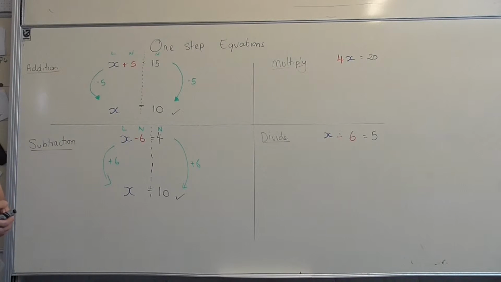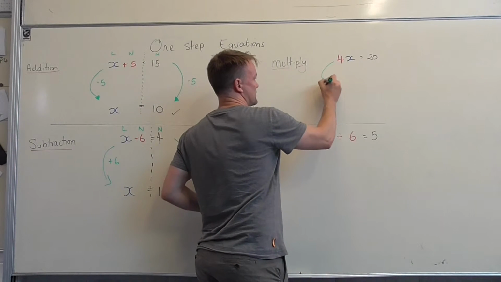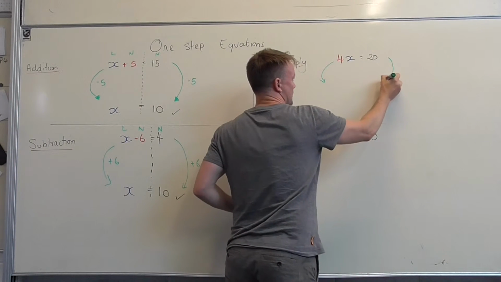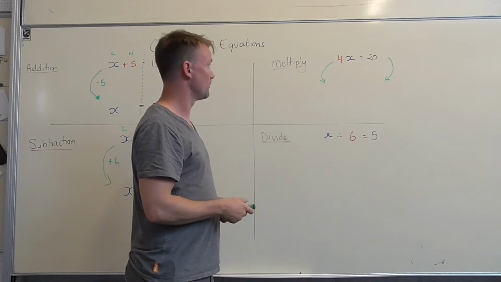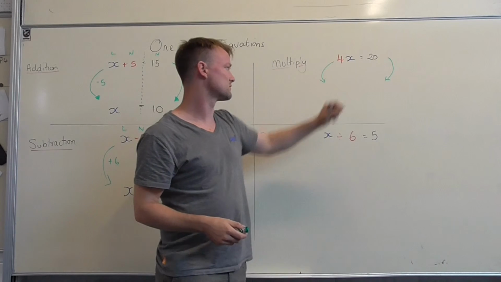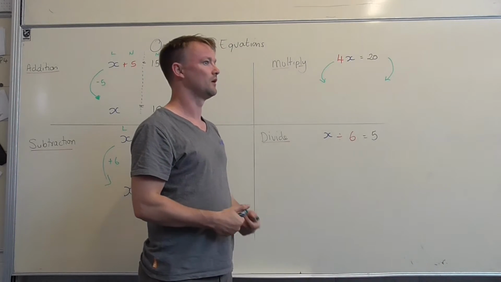Next one we're going to go on to is the multiplying one. So one step, and I'm just using my arrows to show my working. So this means 4 times x equals 20. So this means 4 times a number equals 20.